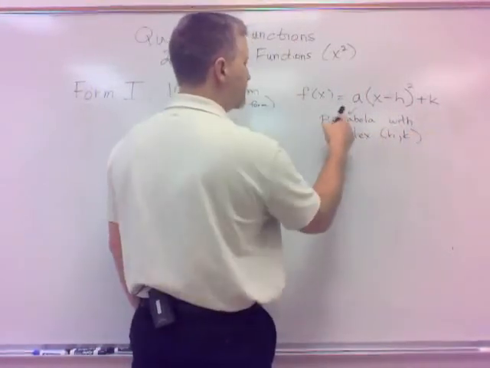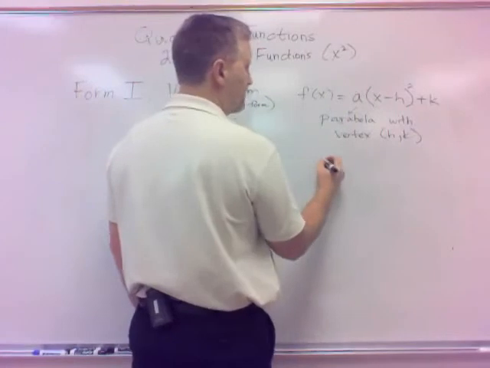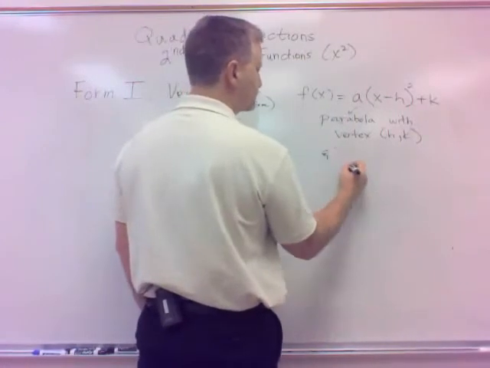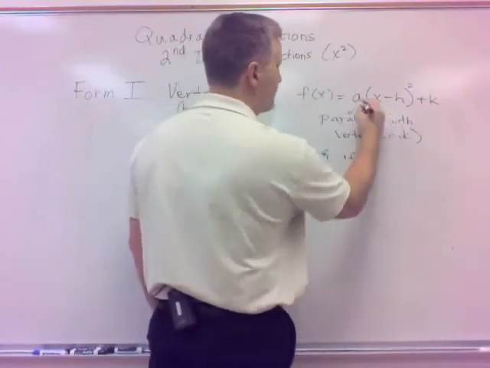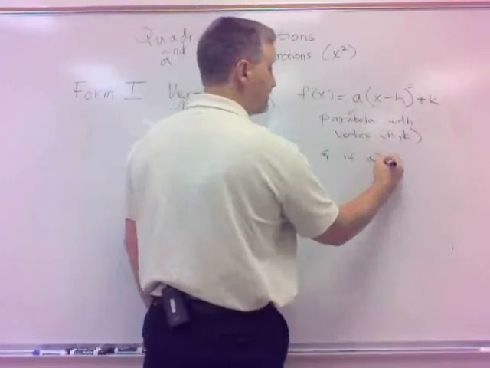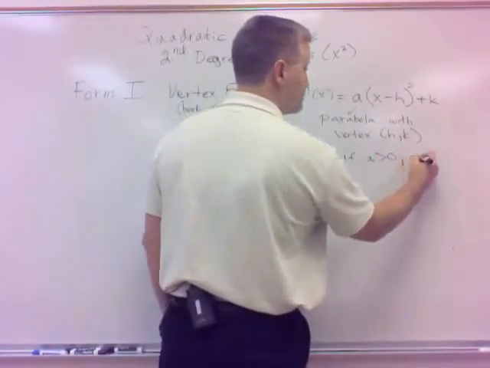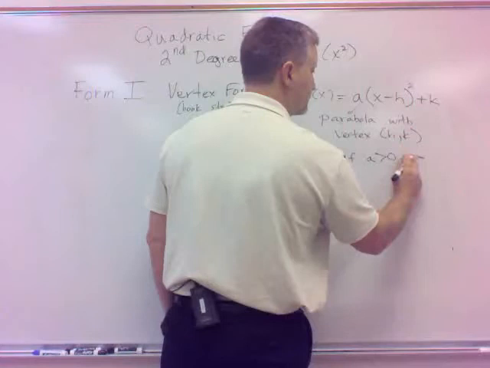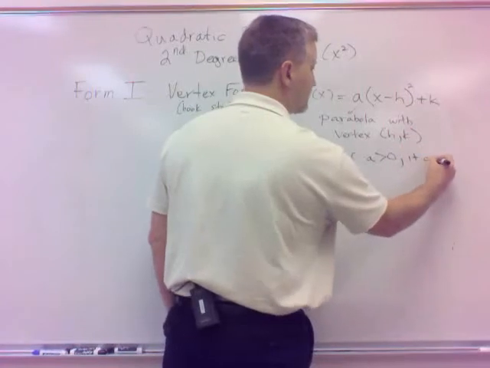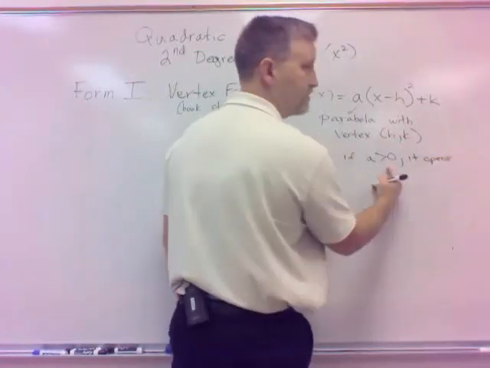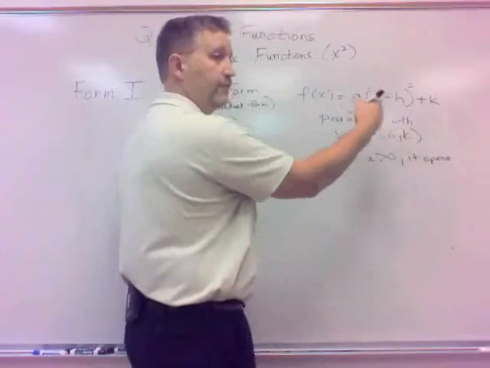And we can also say, with a there, if a is positive, greater than 0, then the parabola opens which way? If a is greater than 0, that's a is positive, like 2 or 3, it opens up.